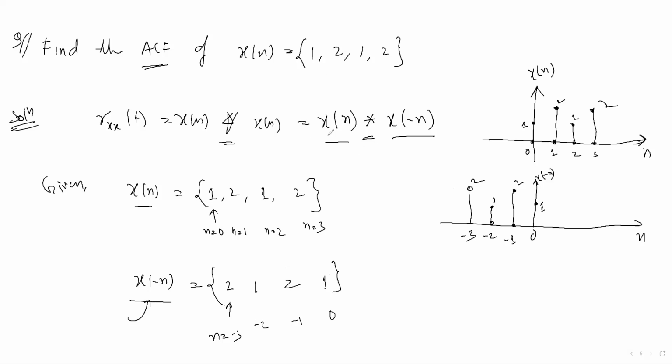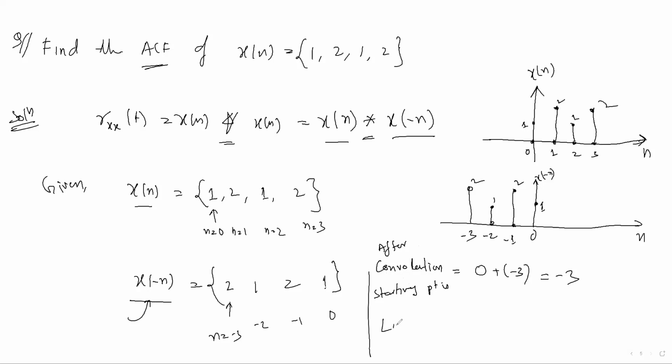When you convolve the signals, another thing you should remember, just write it at the side as a note: after convolution, the starting point is the sum of the starting points. The first one's starting point is 0 and the second one's starting point is -3. So after convolution, the starting point is 0 plus -3, which is -3 only.